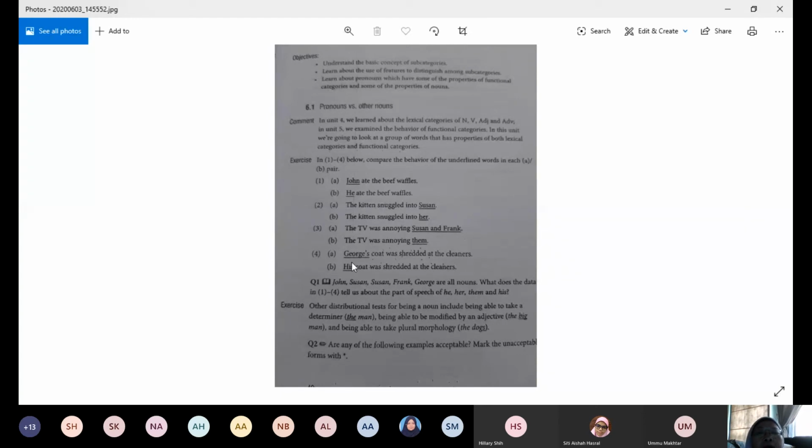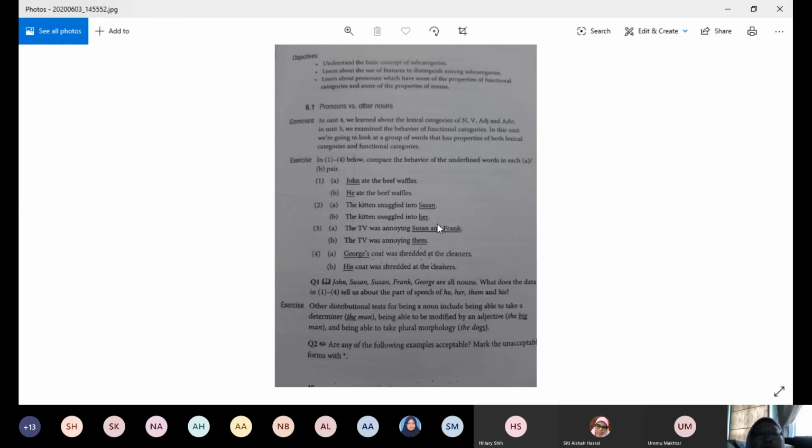Okay. And then you have the pronouns. He, her. So from this sentence, what does this data 1 to 4 tell us about pronouns?